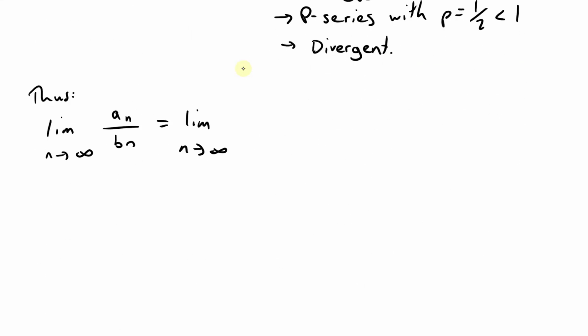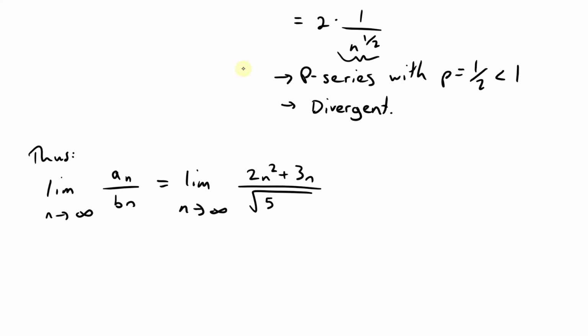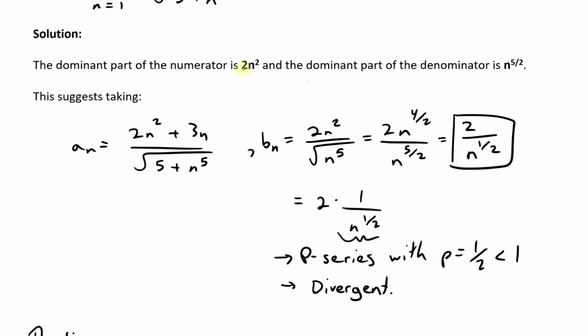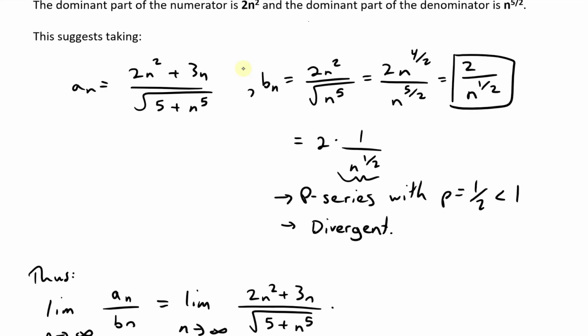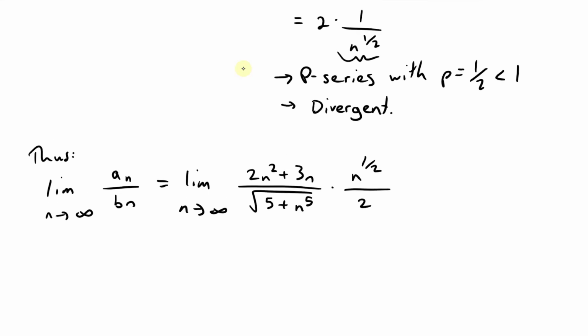So 2n squared plus 3n, divided by 5 plus n to the power 5, all square root, times, and then this one here we're dividing by bn, so the 2 goes to the bottom, this goes at the top, so we'll have a 2 and then an n to the 1/2. So now we have an n to the 1/2.